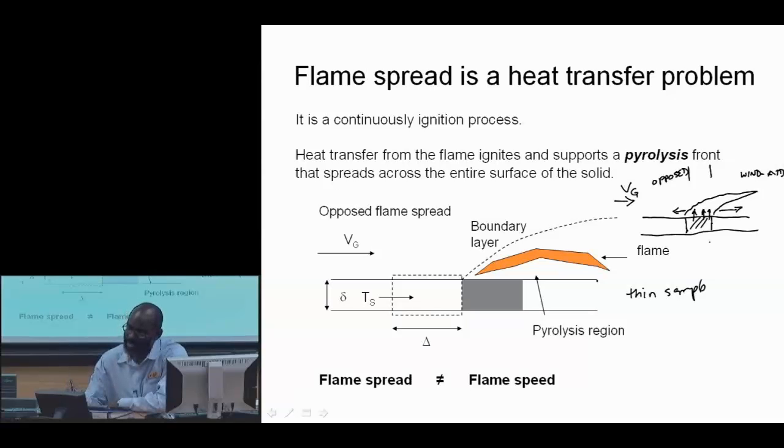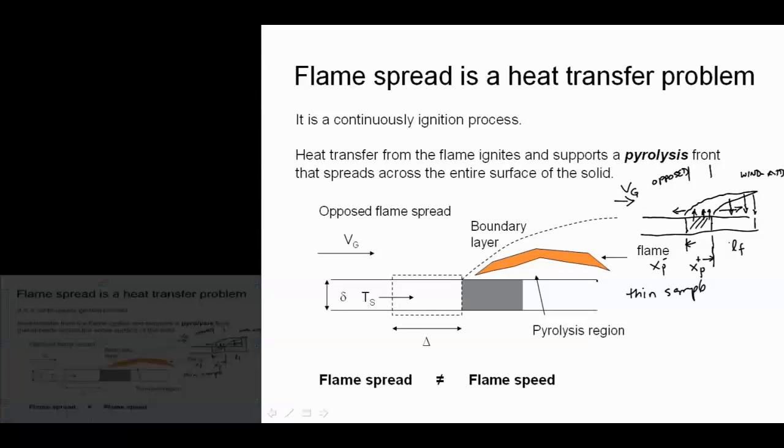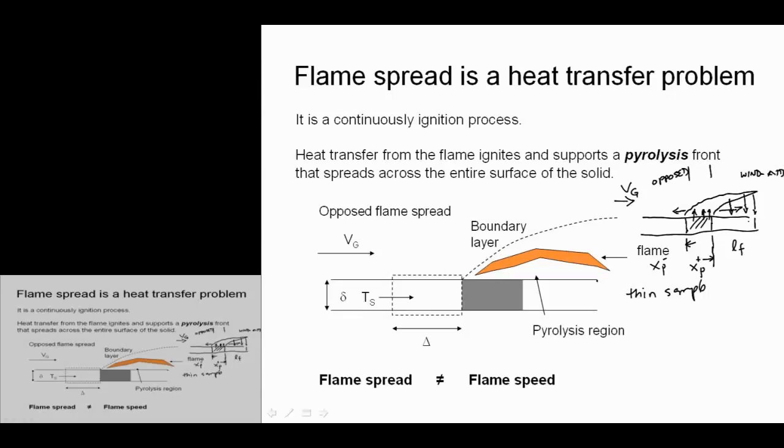We'll see this in some other schematics, but the issue is that the heat flux from the flame is going to heat up this material, so there's an influence region, a flame length over which this material is heated. As it's heated, there's a time for ignition associated with that heating, and we can write a simple differential equation for the velocity because of that.